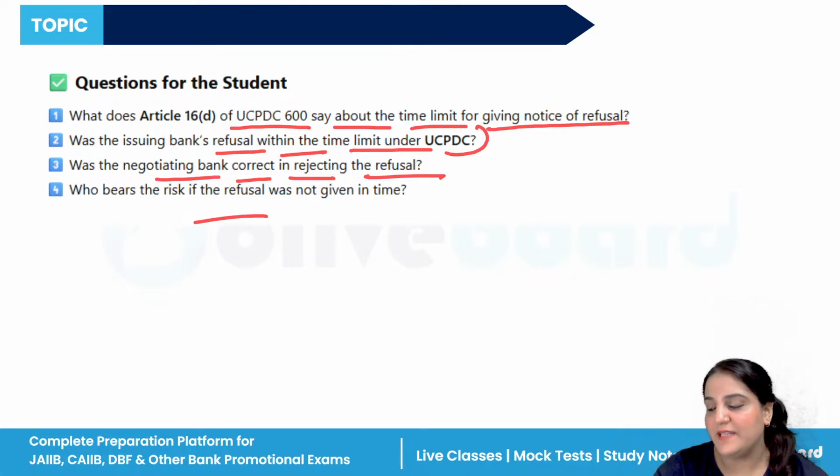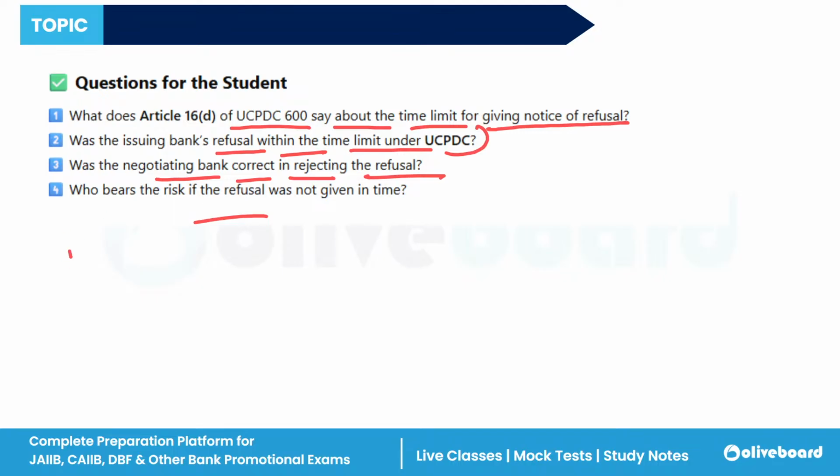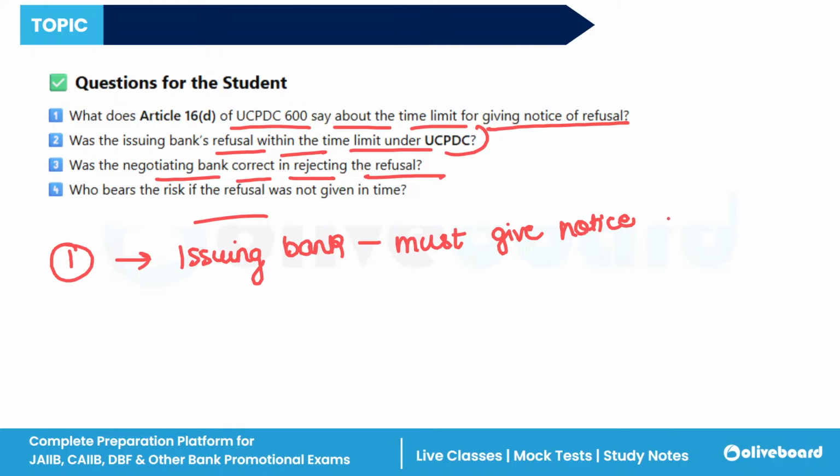So basically, if I talk about the answer to this question, let's start with our first question. Here UCP 600 Article 16D is saying the issuing bank must give notice of refusal by telecommunication or other expeditious means no later than the close of the fifth banking day.